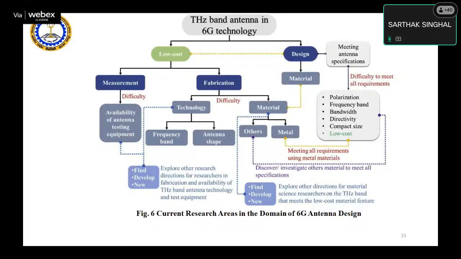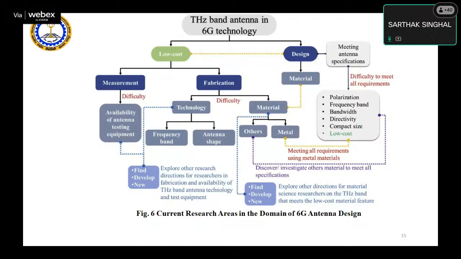The frequency band is another one: because the bandwidth is pretty high, covering the entire band is a tedious task. Then the directivity: if you want a higher gain, the bandwidth will be low, and if you want a higher directivity, your bandwidth will be lesser. The dimension should also be very low, and it should be low cost.